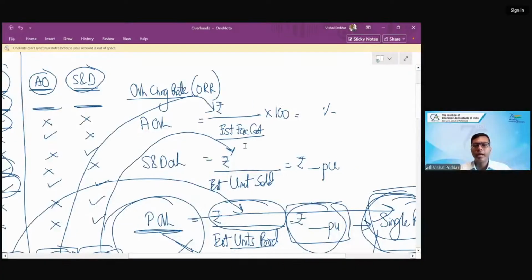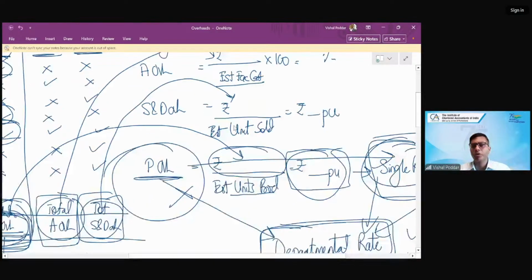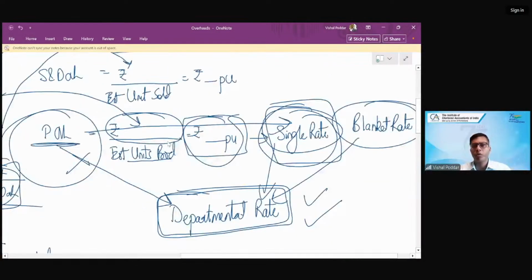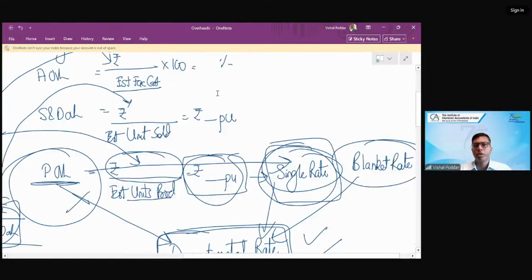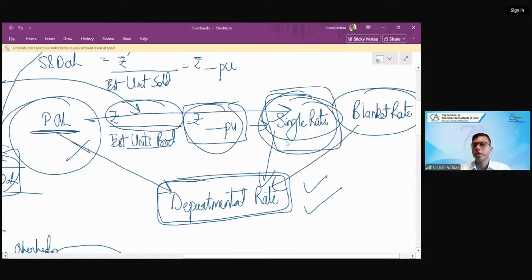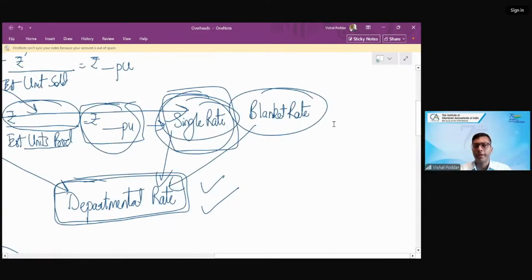You directly calculate the overhead recovery rate for administration and selling at this step itself. For production, you have two choices. You calculate it at this step itself, or you do it with the steps we are dealing with, called departmentalization. For administration and selling, you have one single charging rate. Similarly, for production, you'll have one single charging rate, which is also called the blanket rate.